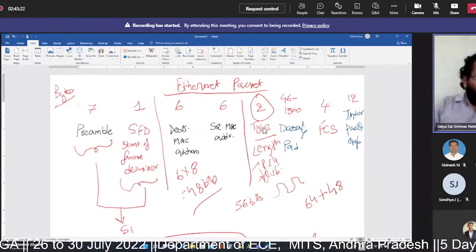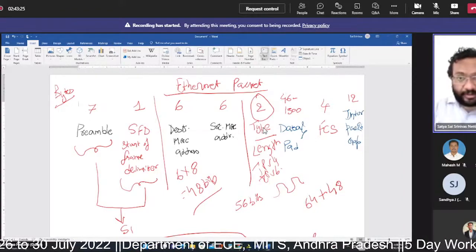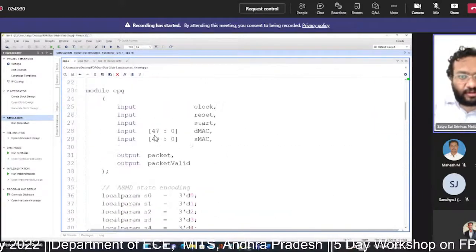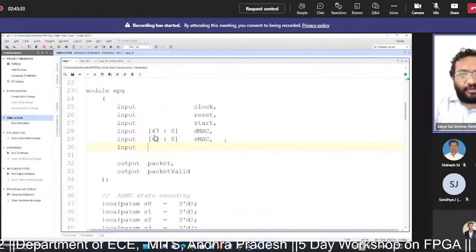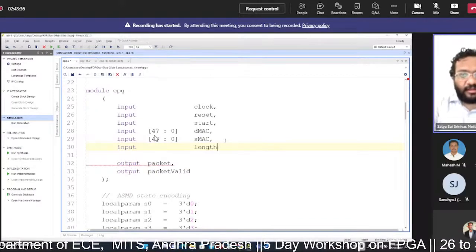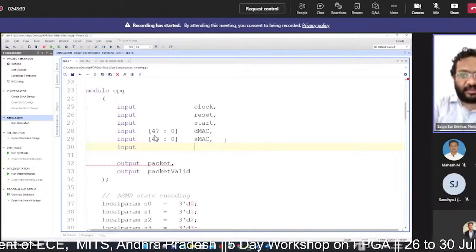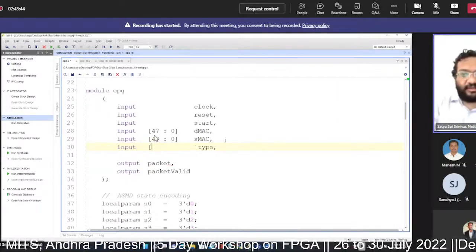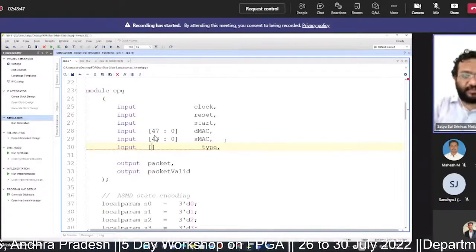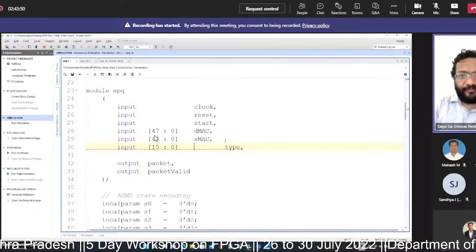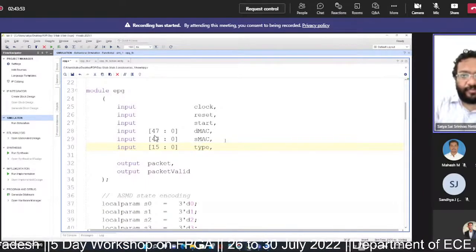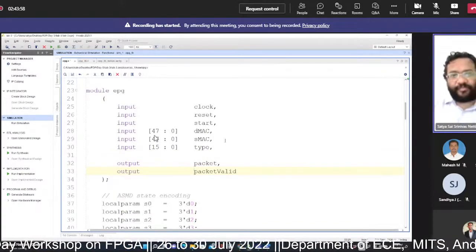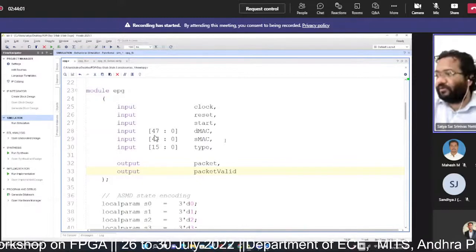Okay, so again what I'm doing is I assume that to my module I have one more input called length, or you can also consider it as type, same type, and this is of how many bits? 16 bits, that is 15 down to 0.